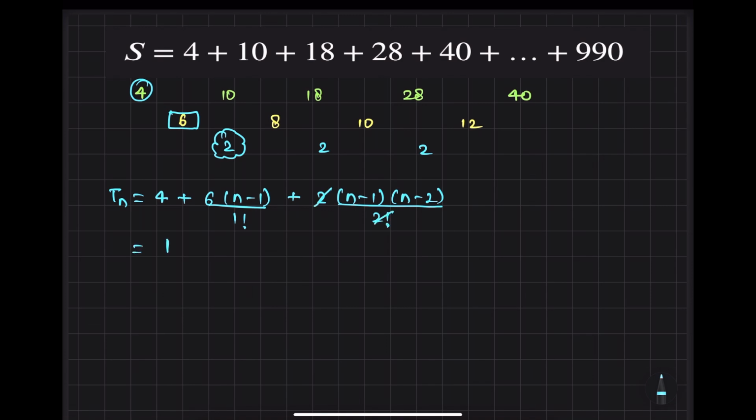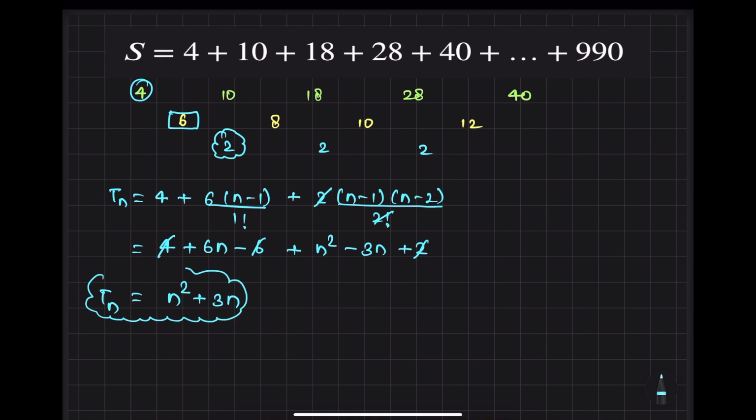So we are left with 4 plus 6n minus 6 plus n square minus 3n, and then we have plus 2. You can simplify things. This thing gone. So we are left with n square plus 3n. So this is the formula for the nth term. So we got the formula for the nth term.